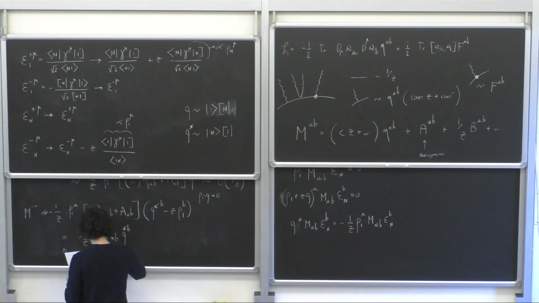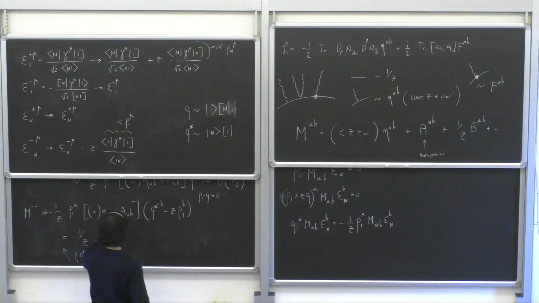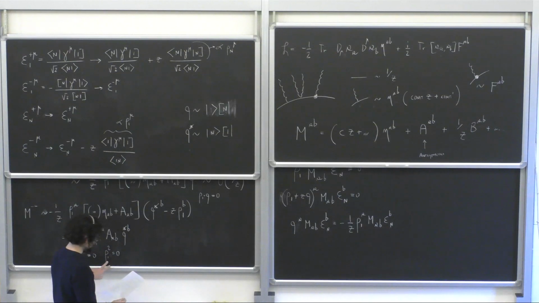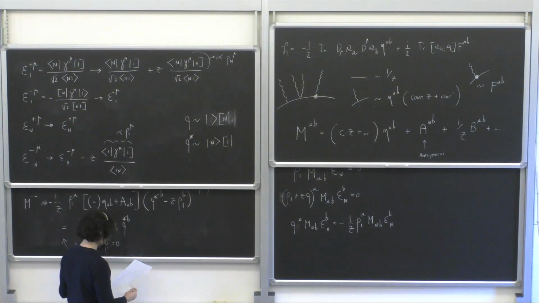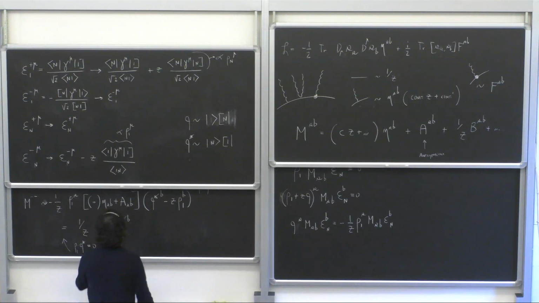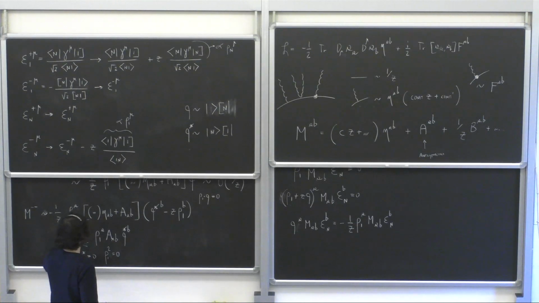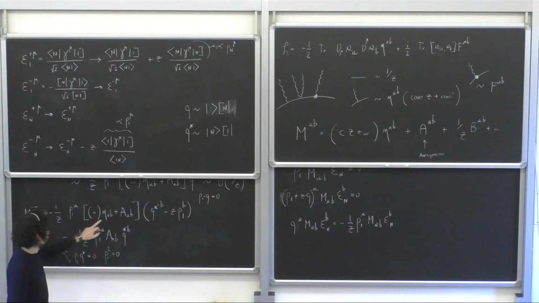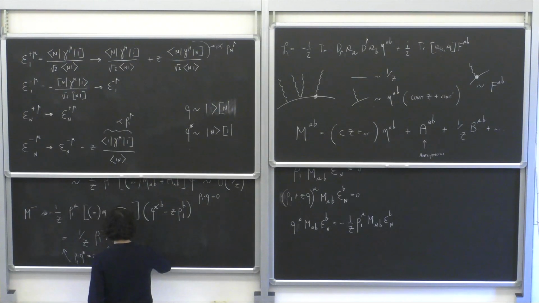You are also using the fact that P1 is null, because you're going to have a term here in which P1 gets squared. And also, finally, you're going to have a term, which is still a potentially problematic term, coming from a P1 matrix here and a P1 in here, because this would go to infinity as a constant, but you use the fact that AAB is antisymmetric.